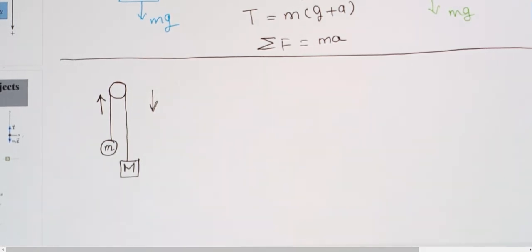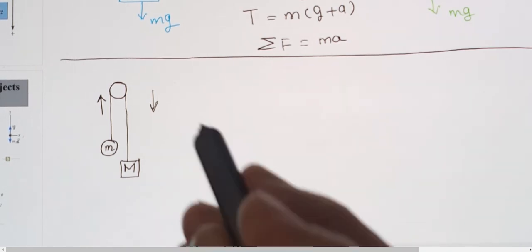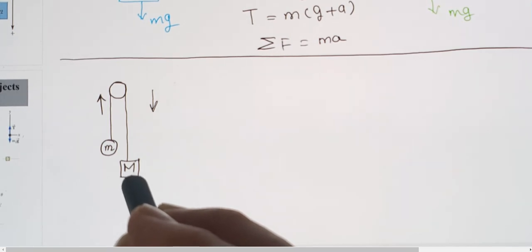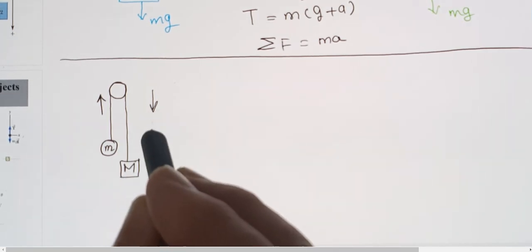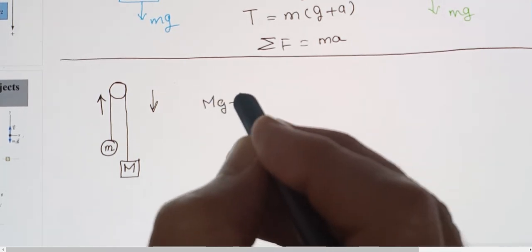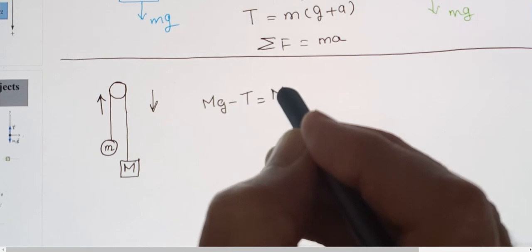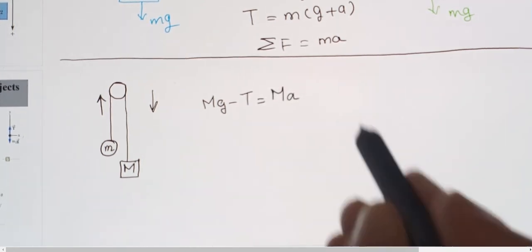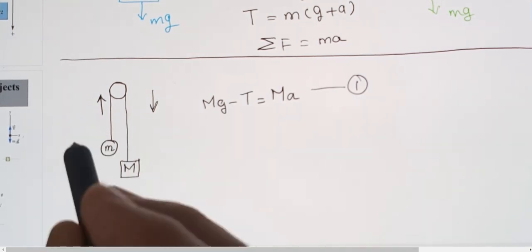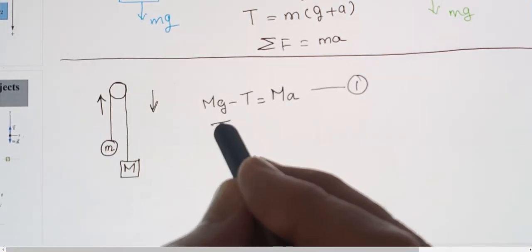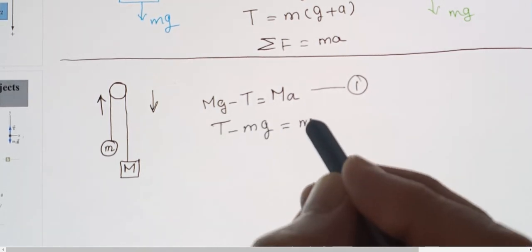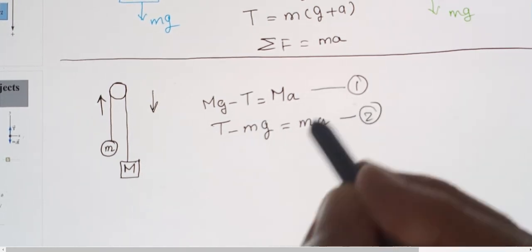If it is the reverse, it is the reverse, no problem. So let's write the equations. For capital M, it is going downward, so that means Mg minus T is equal capital Ma. That is equation 1. For the small m, it is going up, so that means tension is larger than small mg, and T minus mg is equal ma. That is equation 2.